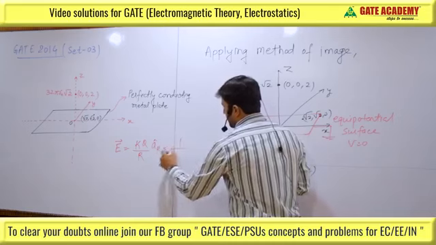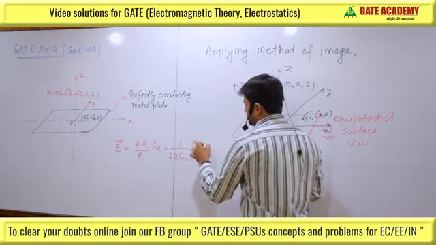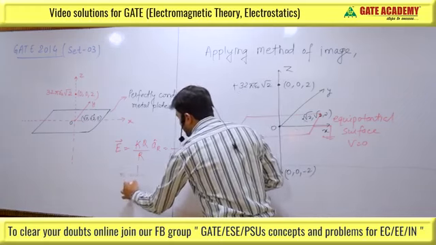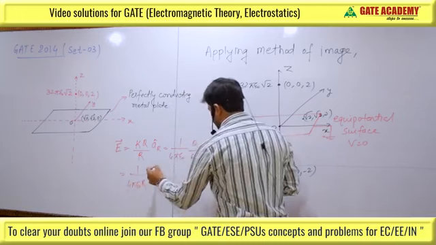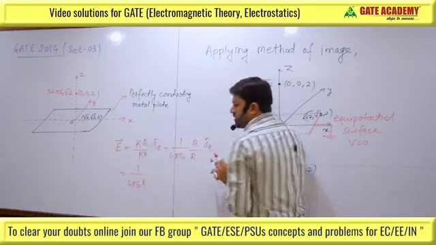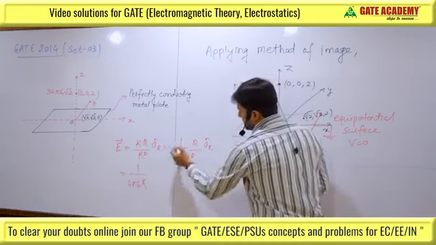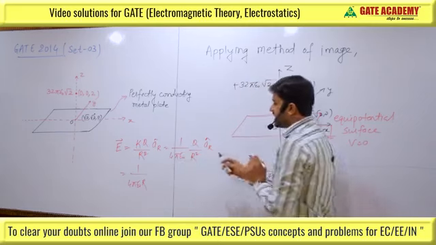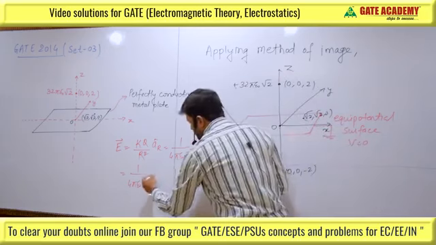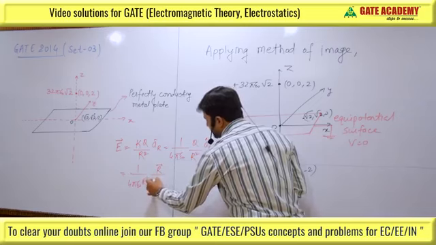So this is 1 upon 4 pi epsilon naught, q upon r square, a_r cap, and this unit vector can be written as vector r divided by its magnitude.